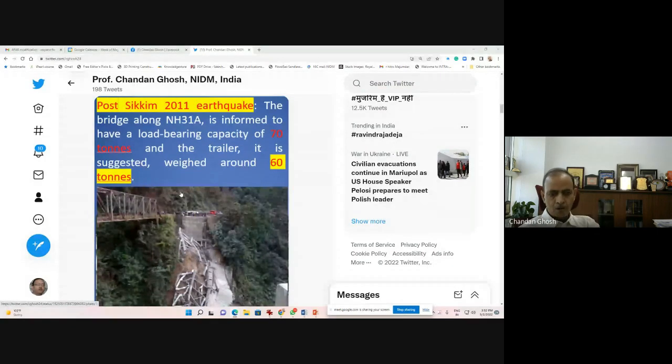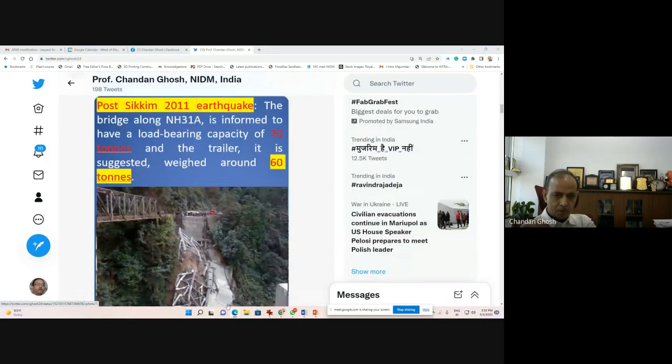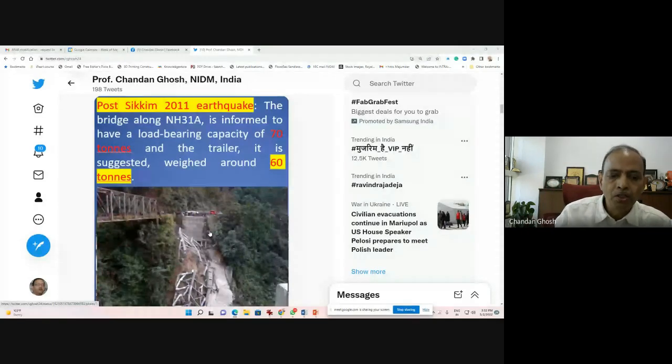These are all cooked up data after things happen, things fail. Otherwise, many of the things that are happening, we do not have any explanation. So it is said that after this failed, along with the trailer of 60 ton, some report will come which does not have any engineering judgment.